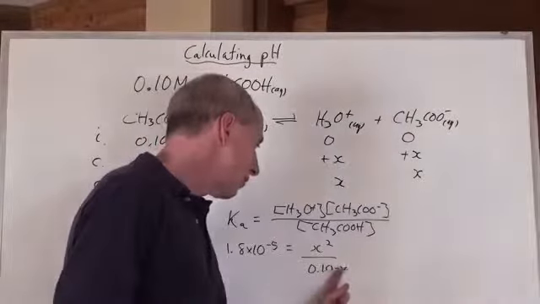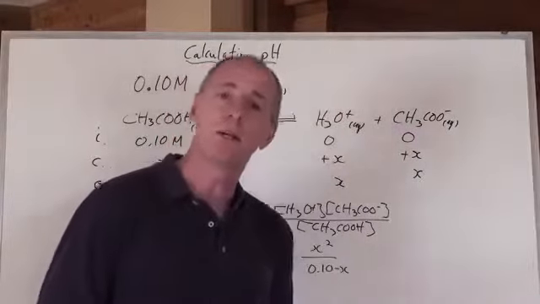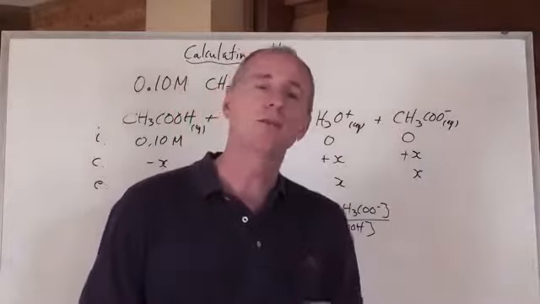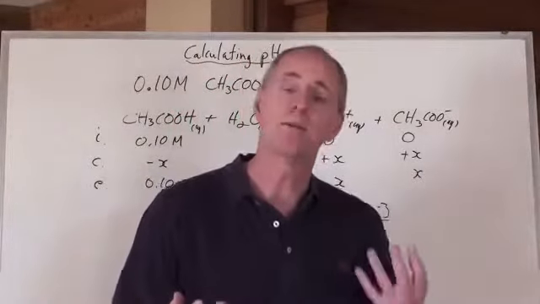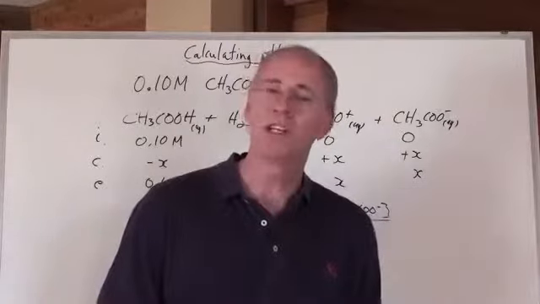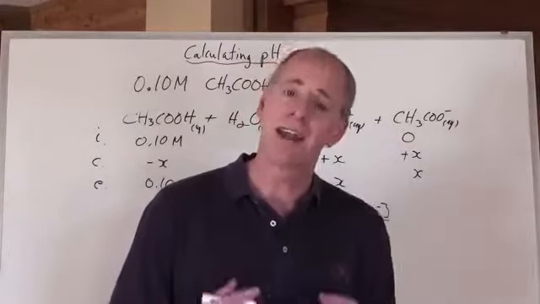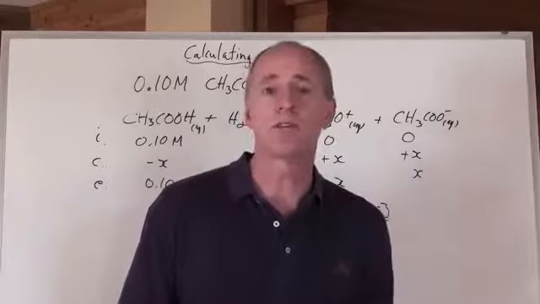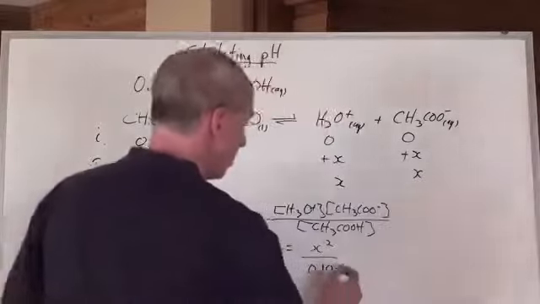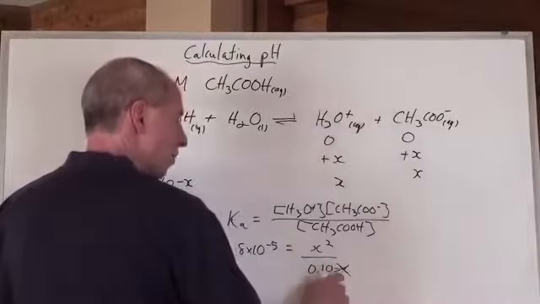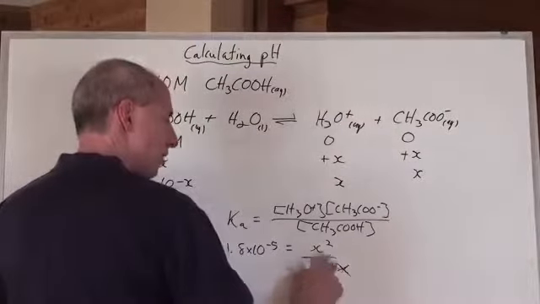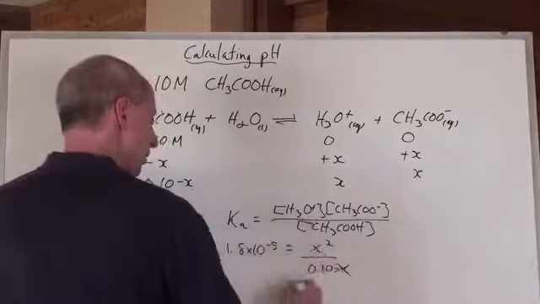Nobody's interested in giving them an X value that they have to keep in here when calculating a pH. And especially on IB exams and AP exams, they don't want you to necessarily do all the math and have to worry about math. They want you to worry about chemistry. So they're going to give you questions where you can just disregard X. And so that X, which is going to be a very, very small number anyway, taken away from 0.1, doesn't even matter.